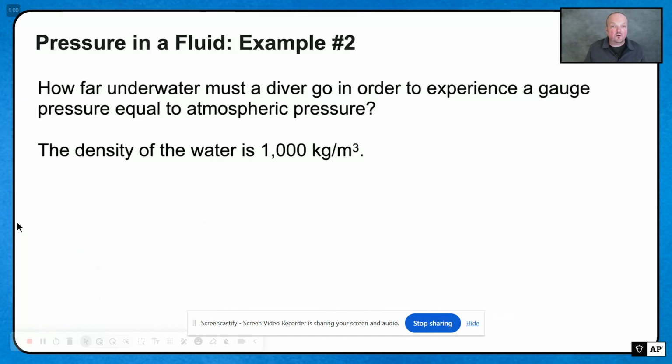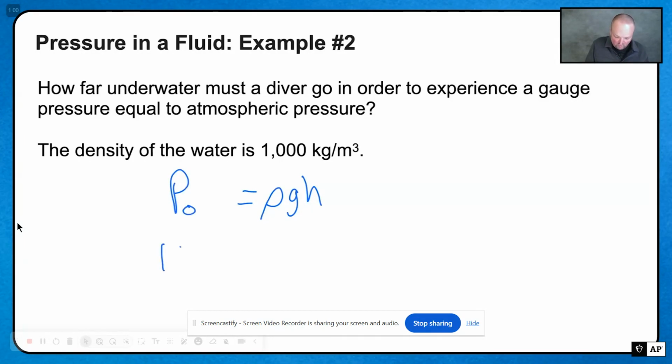How far underwater must a diver go in order to experience a gauge pressure equal to the atmospheric pressure? And we're going to use the density of water as 1,000 kilograms per cubic meter. So they're interested in what is the gauge pressure, that's rho g h, when that's equal to atmospheric pressure, which we usually say is P naught.